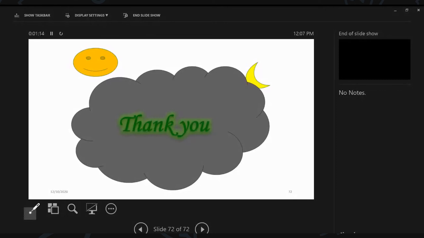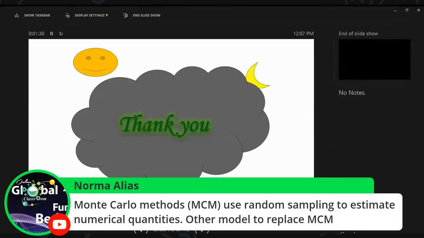The Monte Carlo method, MCM, uses random sampling to estimate numerical quantities. So the question is, any other model to replace MCM, in your opinion? I really don't know about this, sir.